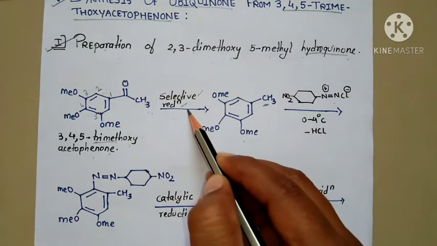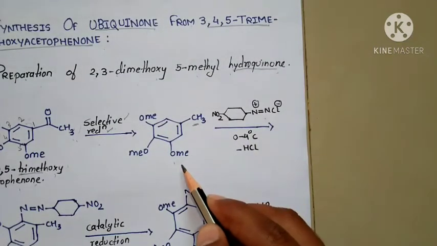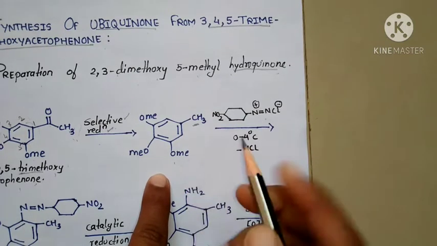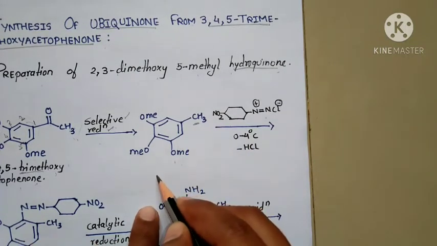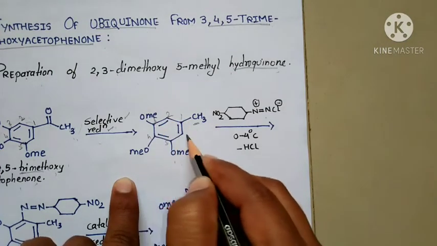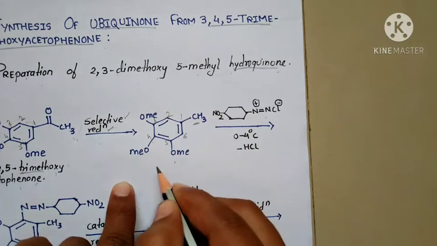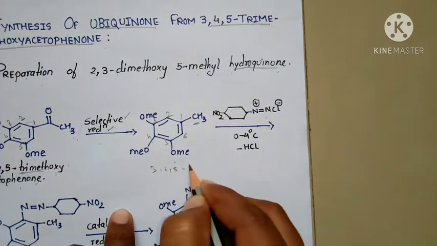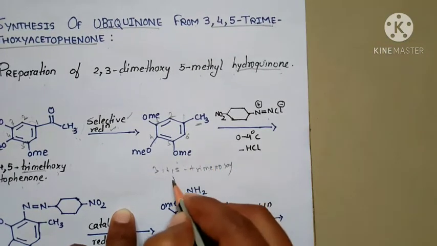Then this molecule name is, 1, 2, 3, 4, 5, 6, 3, 4, 5 trimethoxytoluene.